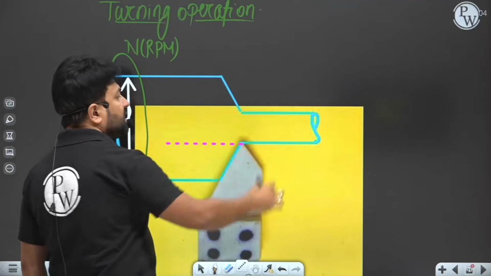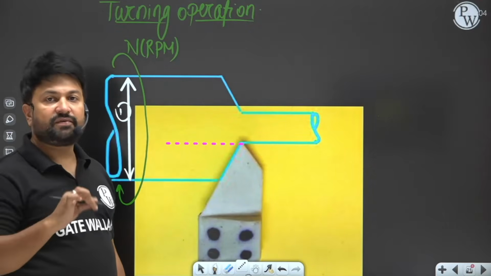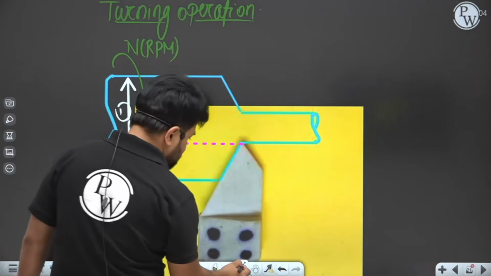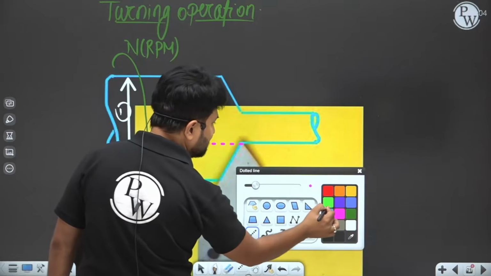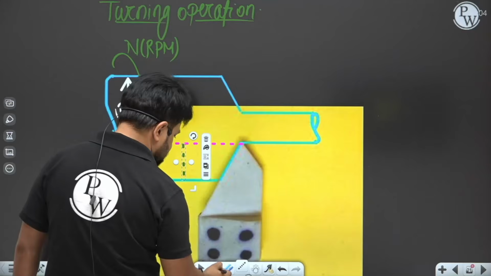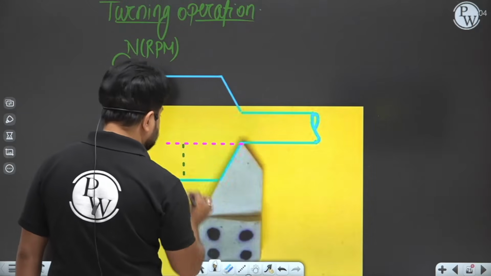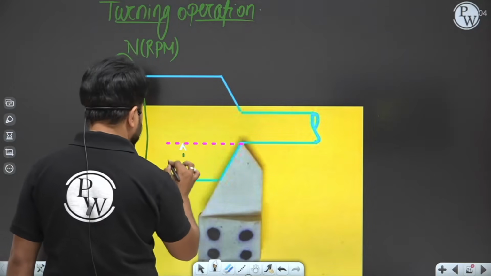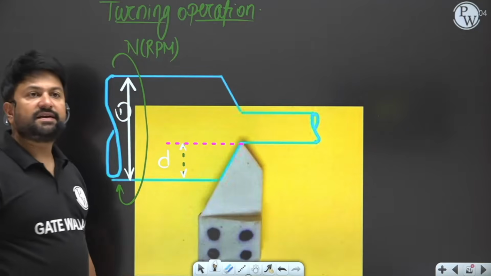So this is the diameter which is obtained after machining. Here, this is the depth of cut. This is small d, that is depth of cut.